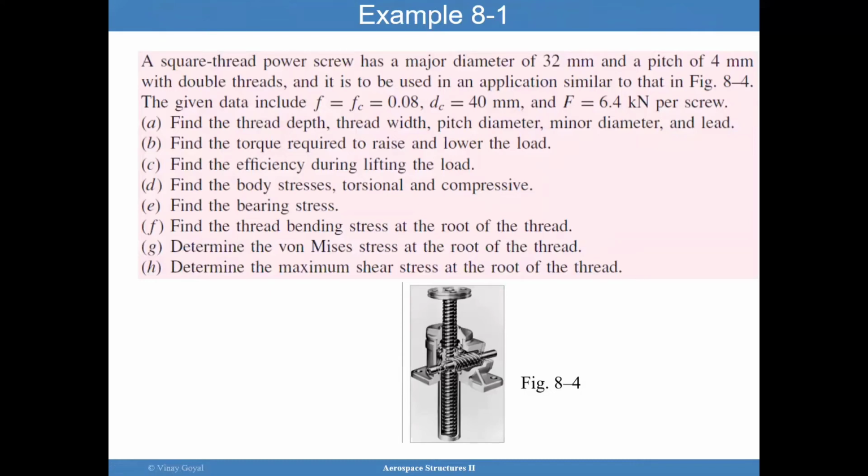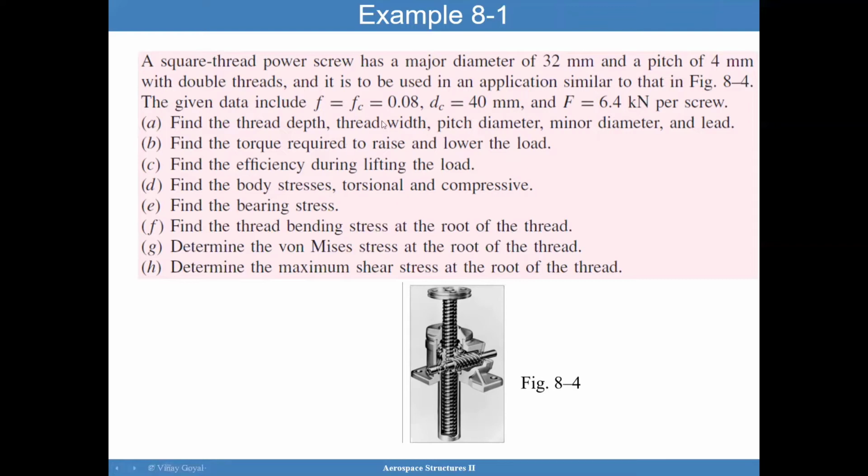So here's an example that could be discussed in great detail, but for now, what I want to do is to kind of describe what the question is, and I don't want to solve it now, but have you go through that on your own and work it through, because it's essentially using the formulas that we had discussed.